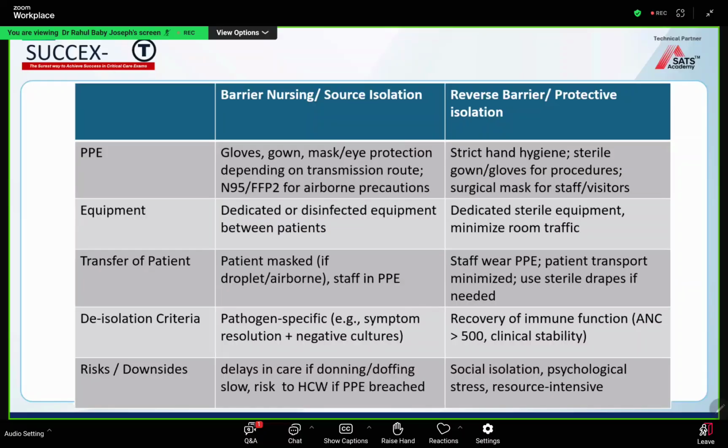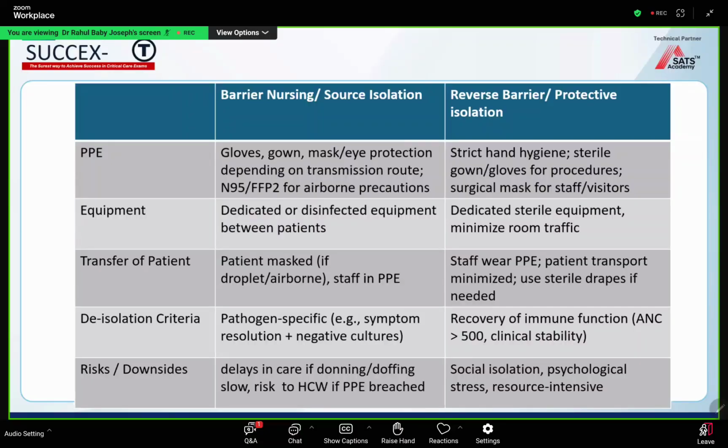In reverse barrier, you should have strict hand hygiene, sterile equipment, and sterile gloves, and you should have a surgical mask for all the visitors. Dedicated equipment is required for barrier nursing. Try to limit the patient movement and transfer, and whenever they are transferred, the patient should be masked in both cases.